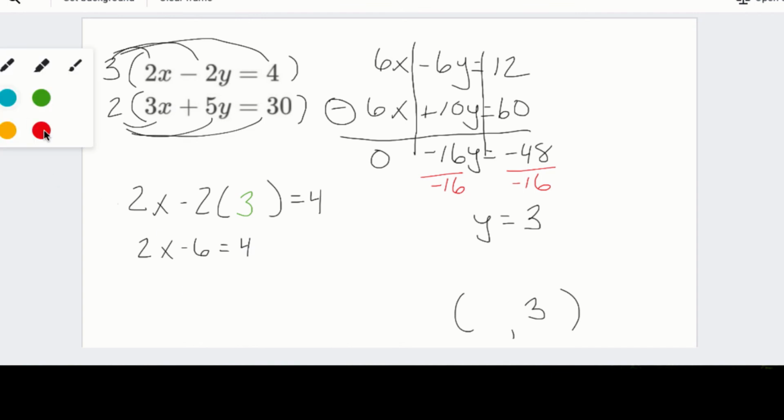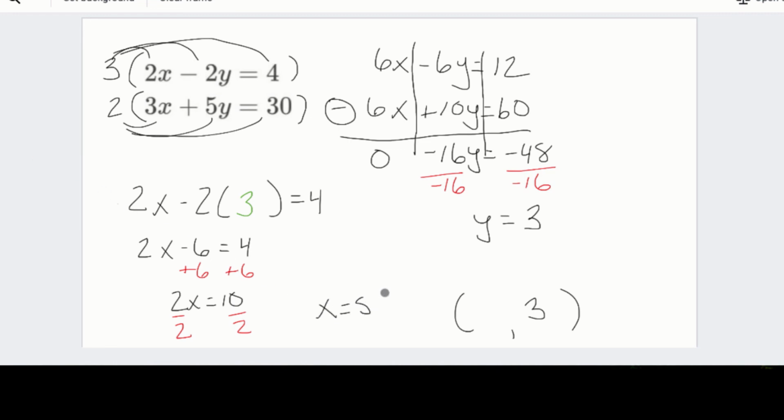Since that 6 is minus or negative, I know I'm going to add 6. So 2x equals 10. I don't want 2 x's, I just want 1. So I know I want to divide by 2. And 10 divided by 2 is 5.